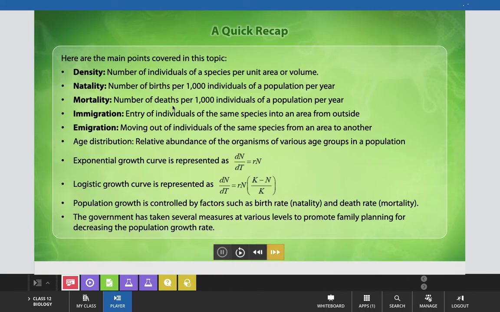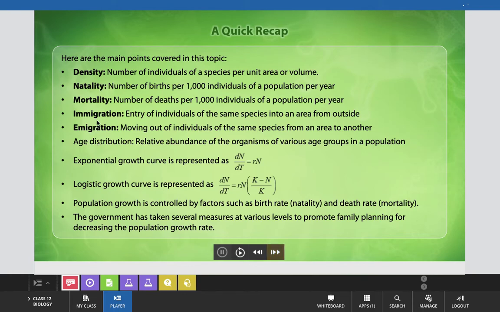Mortality: the number of deaths per thousand individuals of a population per year is known as mortality. Immigration: entry of individuals of the same species into an area from outside. And emigration: moving out of individuals of the same species from an area to another.